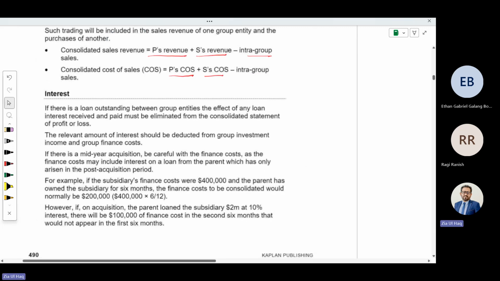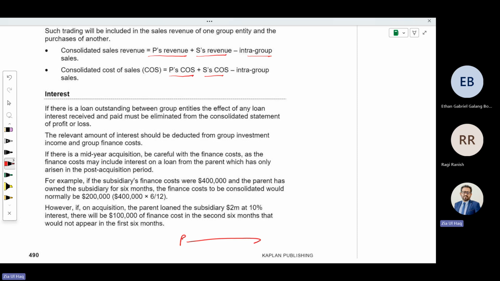Sometimes parent and subsidiary give a loan to each other. That loan we need to eliminate from consolidation. But against that loan, they record interest as well. Suppose the parent company provided a loan to the subsidiary.